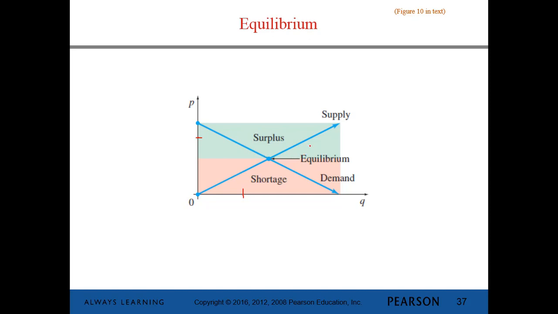Notice that here we have three different places. If we have our supply curve, and we set our prices, again, supply goes up as price goes up, so it's increasing. So at this price here, this is where we're at.